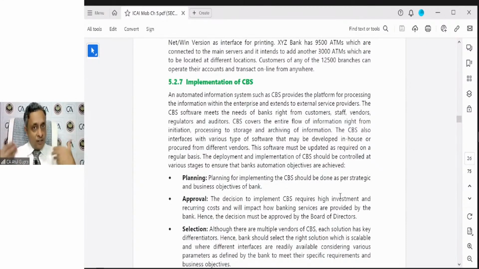So all this knowledge is needed during implementation of any software. So those of you who have a knack, who enjoy working with systems, this is a big opportunity once you become chartered accountants, and this area you can always choose as a part of your career development, implementation of software.